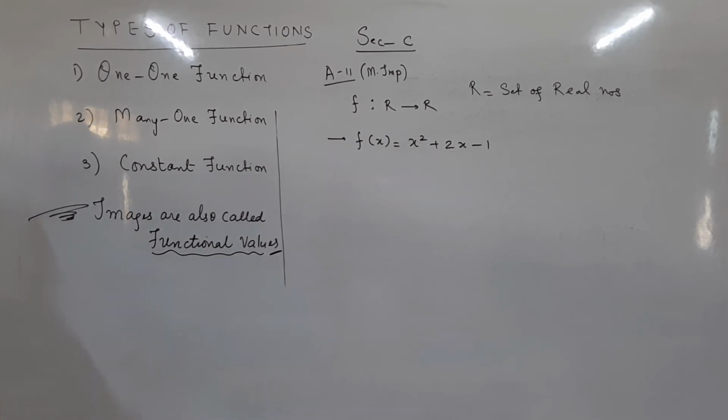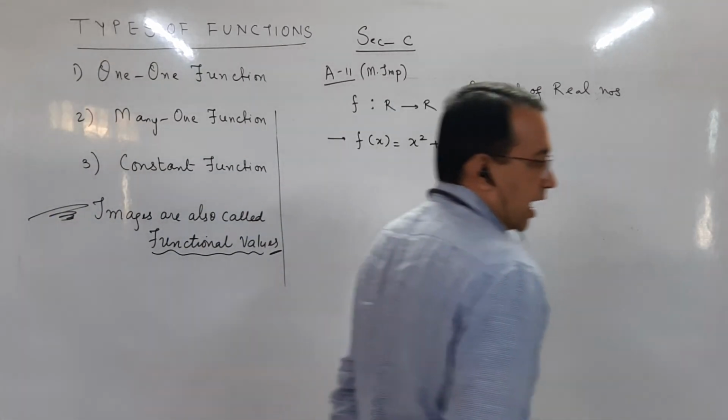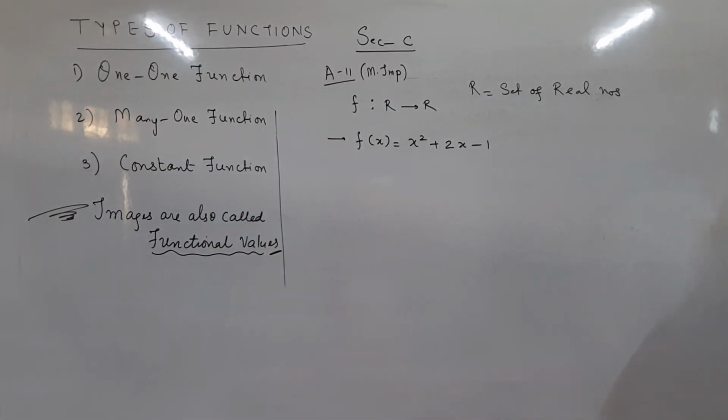All types of numbers are there in R, and R means set of real numbers. So students, in this type of sum, how should we proceed? There is a simple but very interesting technique.